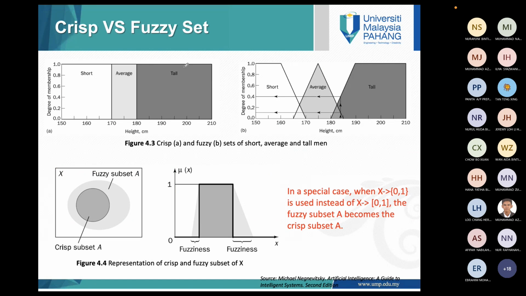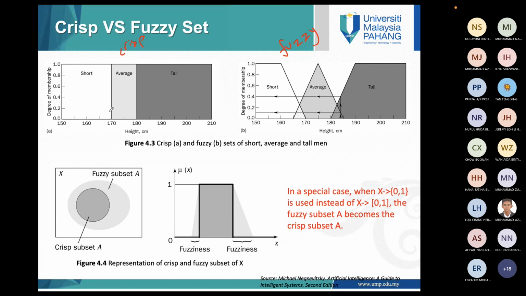Let's take a look at the graph here. Based on the example earlier, we draw a graph. This is the crisp graph, and this one is the fuzzy graph.